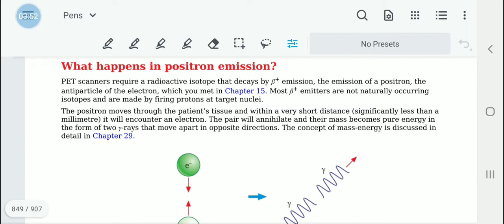So when beta plus emission or positron emission is provided, you have learned that the positron is the antiparticle of the electron. These beta plus emitters are not naturally occurring isotopes. Therefore, they have to be made by firing protons at target nuclei.